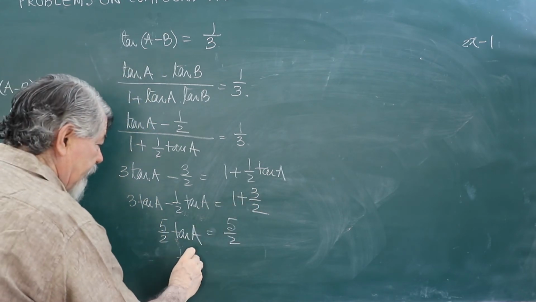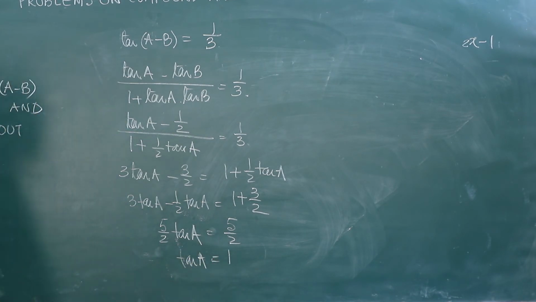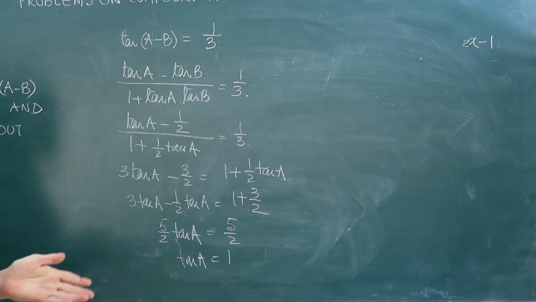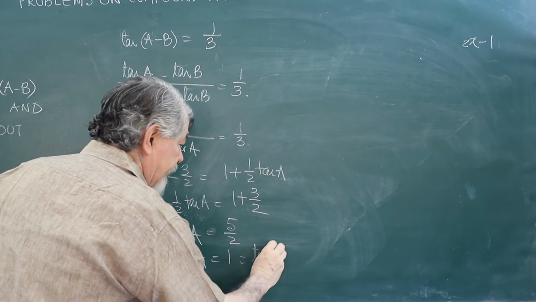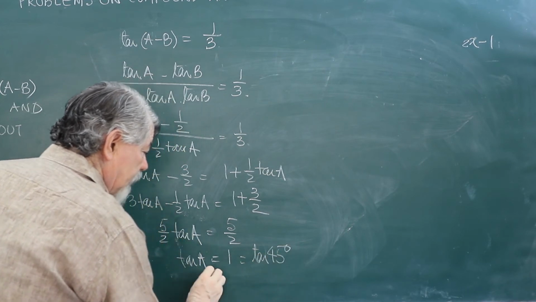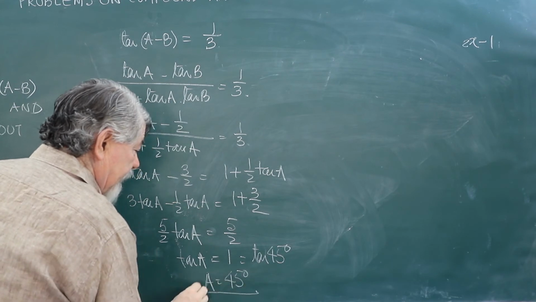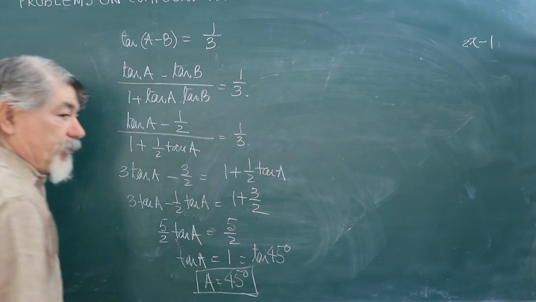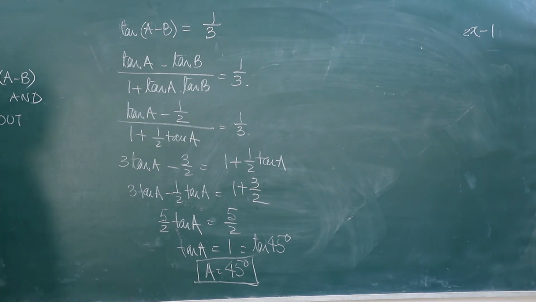So tan A will be 1. And when is tan A 1? It is equal to tan 45. tan 45 is 1. So A is equal to 45 degrees. He says A is an acute angle. We got the value of A as 45 degrees.